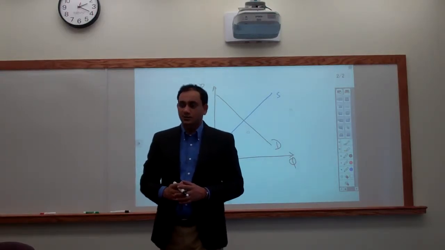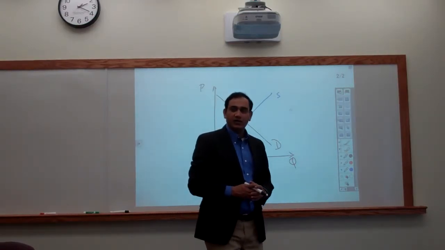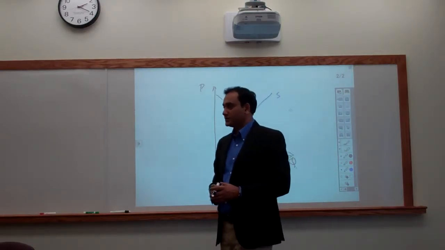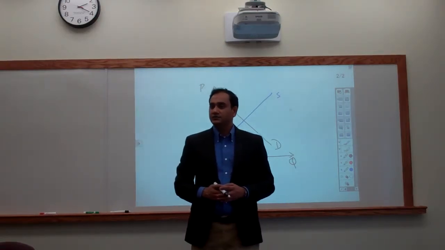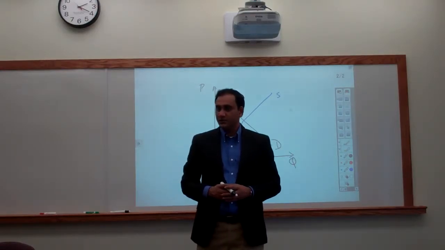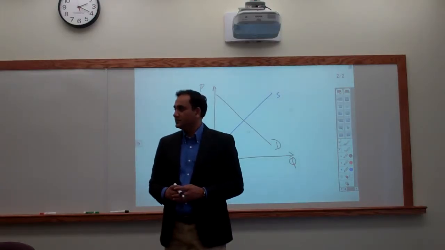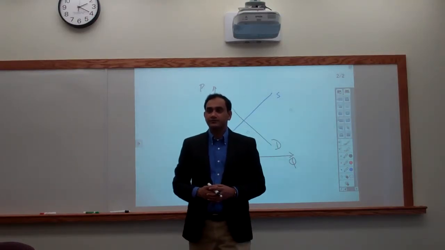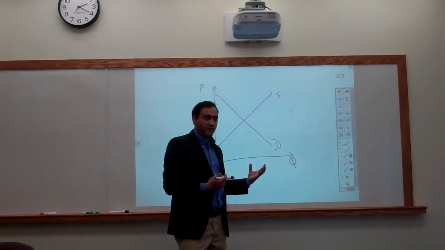One would be expected future price of the product. What else? Prices of related goods. Anything else? Population. Income of the consumer. Tastes and preferences. Prices of related goods, you already mentioned that. So those are the factors that we keep unchanged when you draw the demand curve, right?